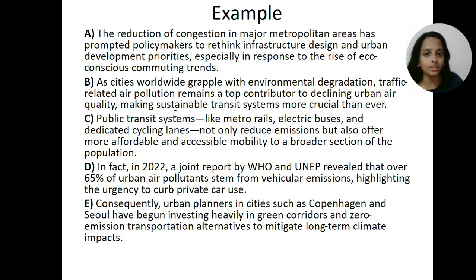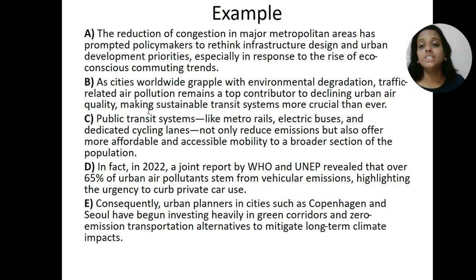And the fourth one: which sentence shows how policymakers are reacting to these shifts, referencing eco conscious trends? Step 4. Now you have to look for the sentence which shows how policymakers are reacting to these shifts. So, sentence A, right? That is the fourth sentence. Step 5.